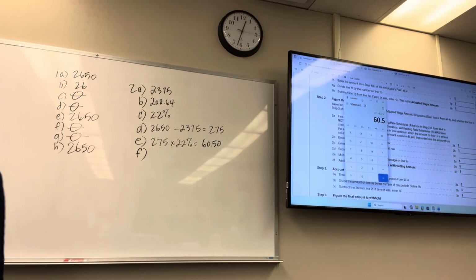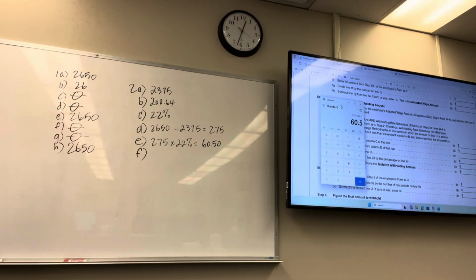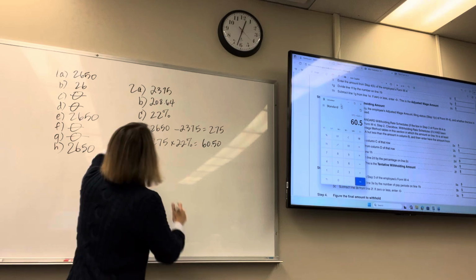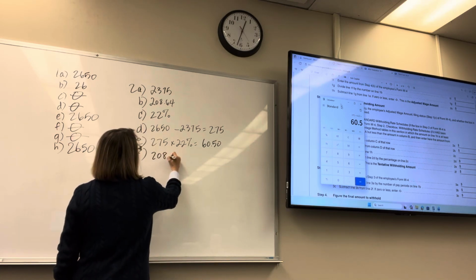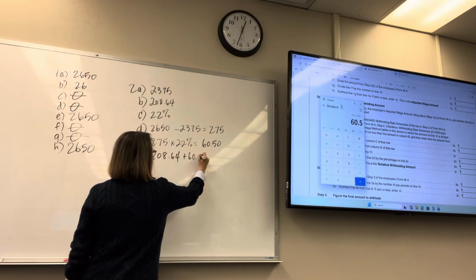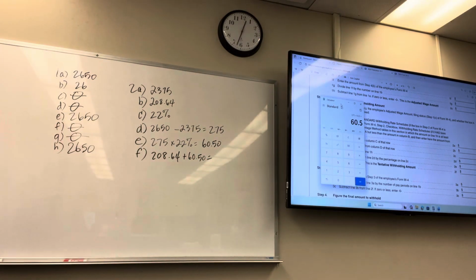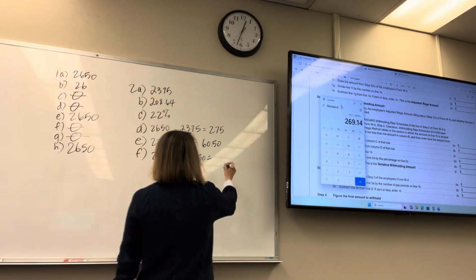F, we're going to add 2B and 2E. So 208.64 plus 60.50, which gets us to 269.14.